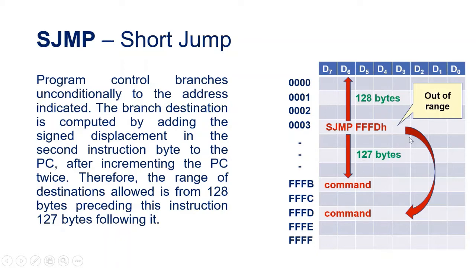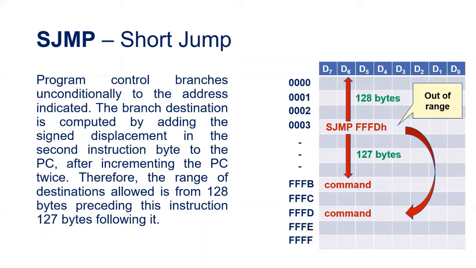So in short, if we created a program or an instruction using this sjmp FFFDH papunta dito sa FFFD address, magkakaroon tayo ng error sa ating program kasi magiging out of range yung address kung saan mo siya pinapatalon or pinapabranch.